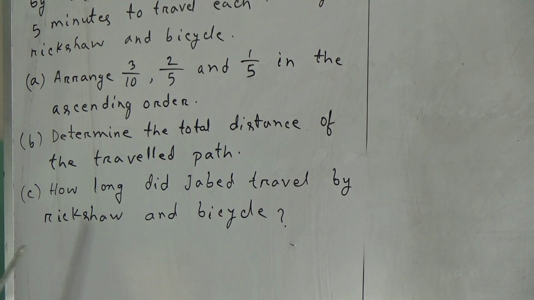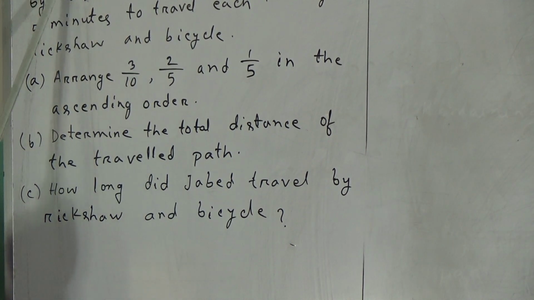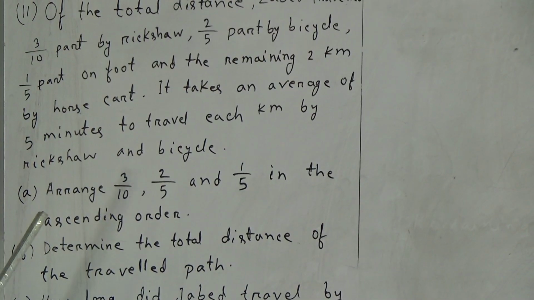At first we'll add a rickshaw and bicycle, that means 3 by 10 and 2 by 5.